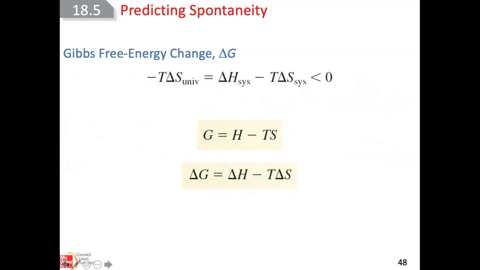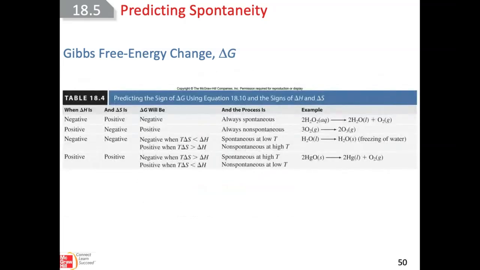So if delta H is positive and delta S is negative, negative and negative makes this part positive, and positive and positive will never make delta G negative. So for an endothermic process with delta H positive and delta S negative, the reaction will never be spontaneous in the forward direction.